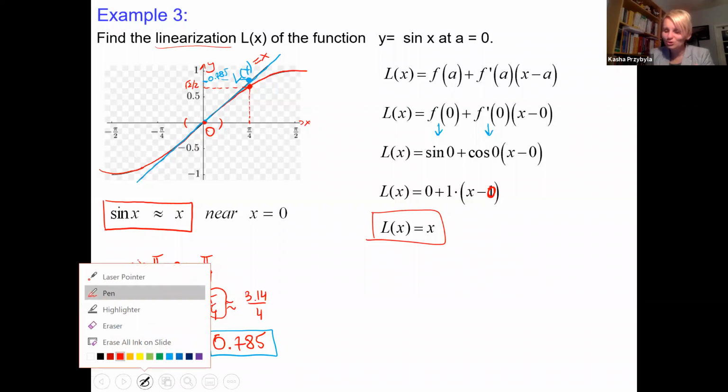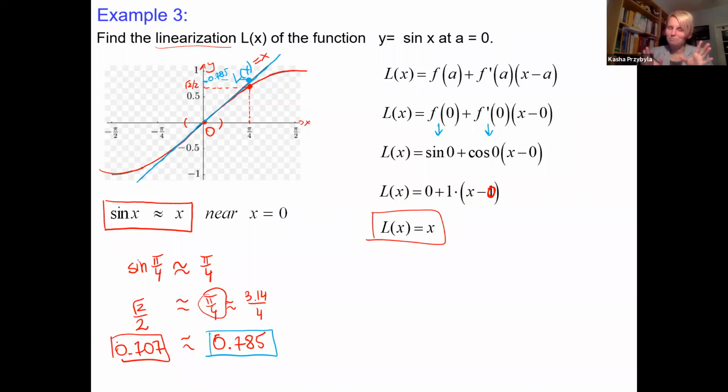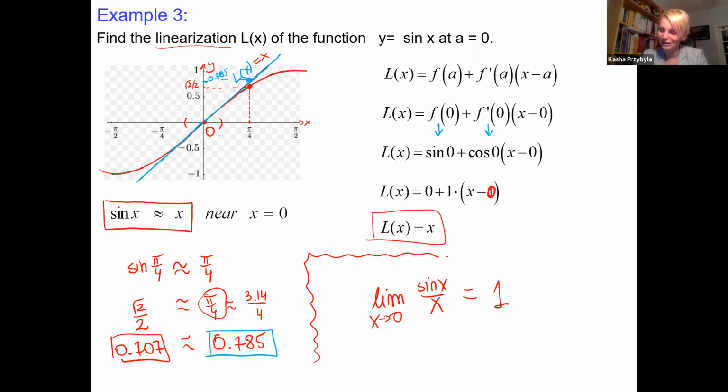This is not really a proof, but I like to say, do you remember the limit of sine of x over x at 0? What was this limit? Yeah, it's 1. It's a little bit different reasoning, but actually sine of x at 0 behaves like x.